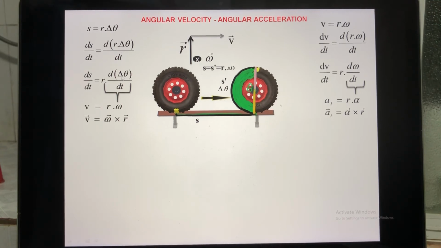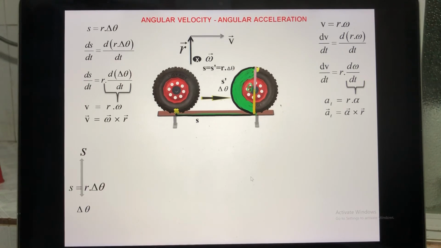If you consider the average, here you have delta t, and now you don't take the derivative anymore, you divide. Okay, and next you have a relationship between linear velocity and angular velocity, as well as tangential acceleration and angular acceleration.